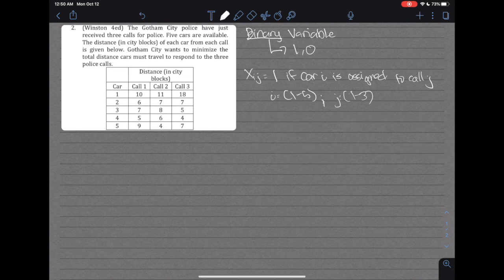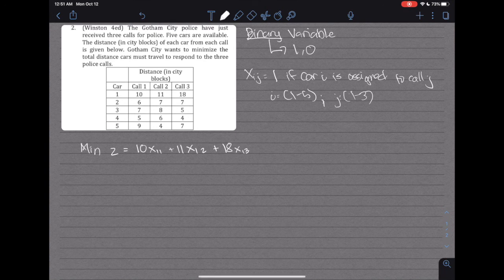Alright, given those variables, it's now time to formulate our objective function. Again, the goal is to minimize the total distance. Therefore, it's going to be min z is equal to 10x11 plus 11x12 plus 18x13.